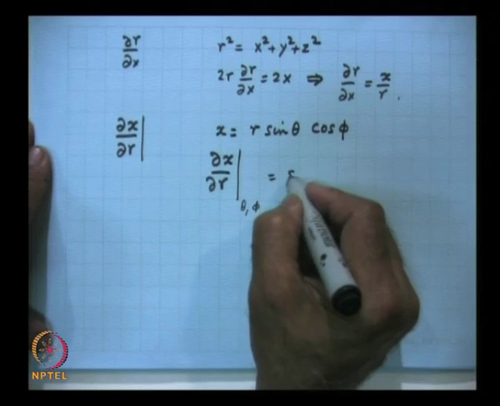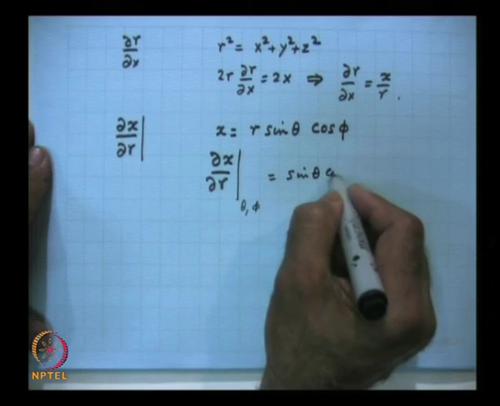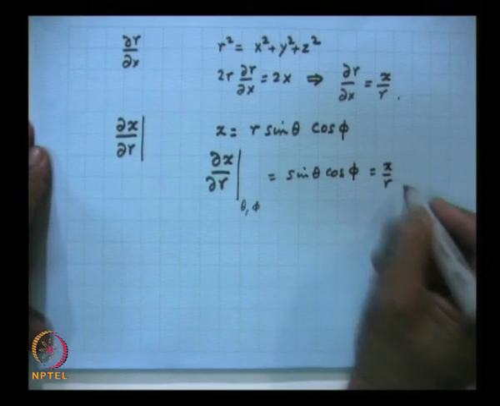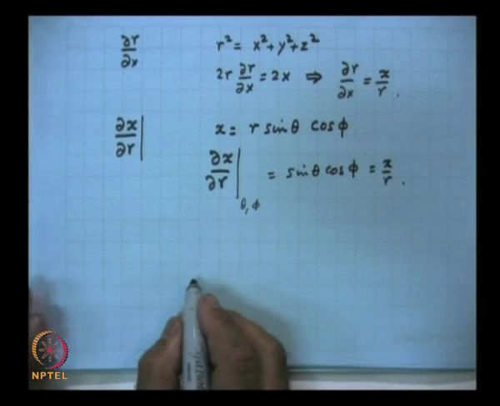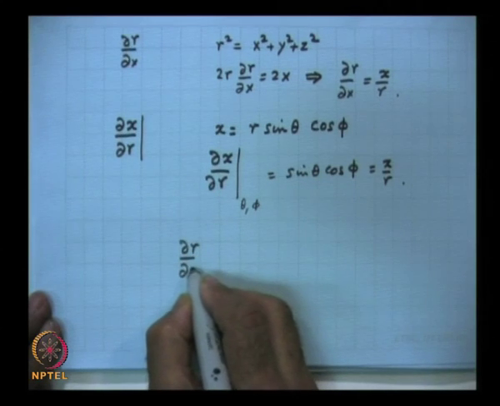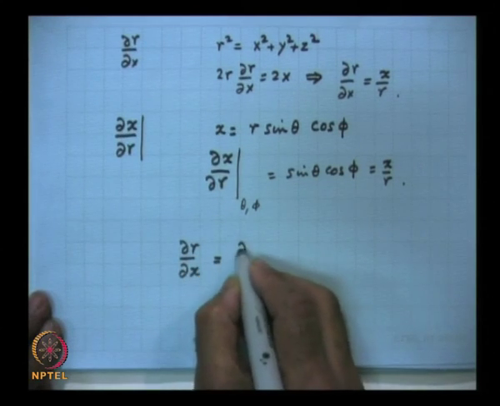So this becomes sin theta cos phi, which is also x by r. So you can see that delta r by delta x happens to be equal to delta x by delta r.